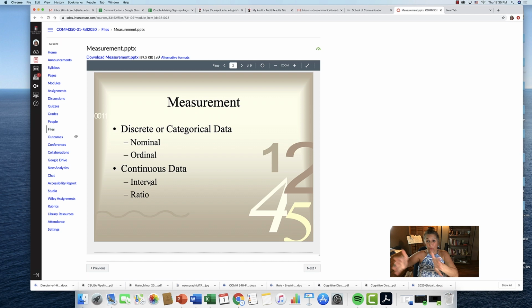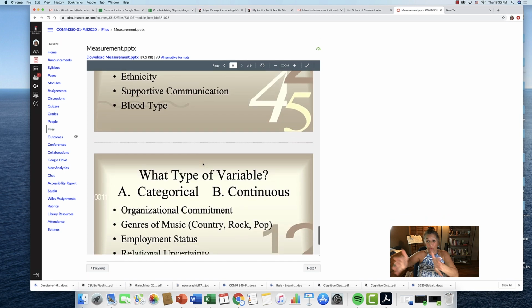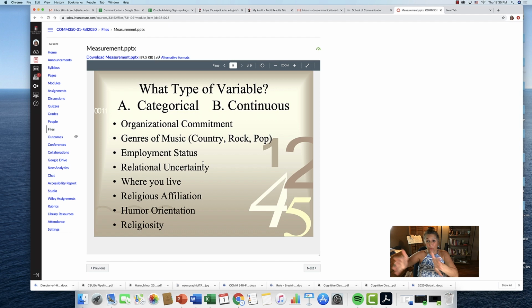One of the things you will need to do on your next test is be able to identify what type of variable measurement level the variable is. And we did a practice in the class on this. Let me go down to that practice. Remember this slide? If I want to know someone's level of organizational commitment, I'm probably going to ask them, that's not something they could put strong.